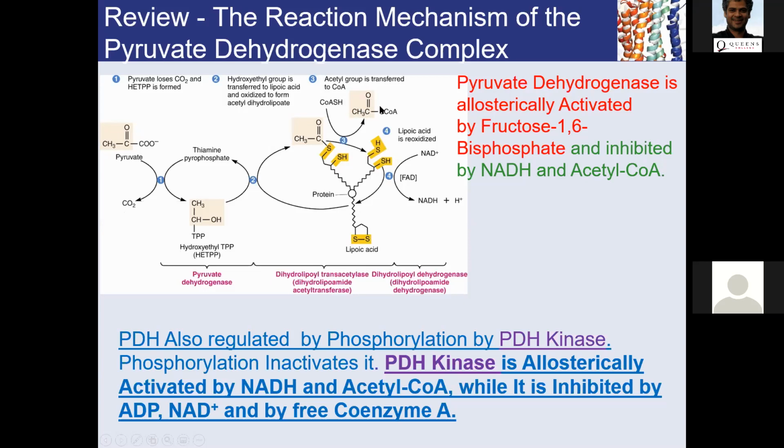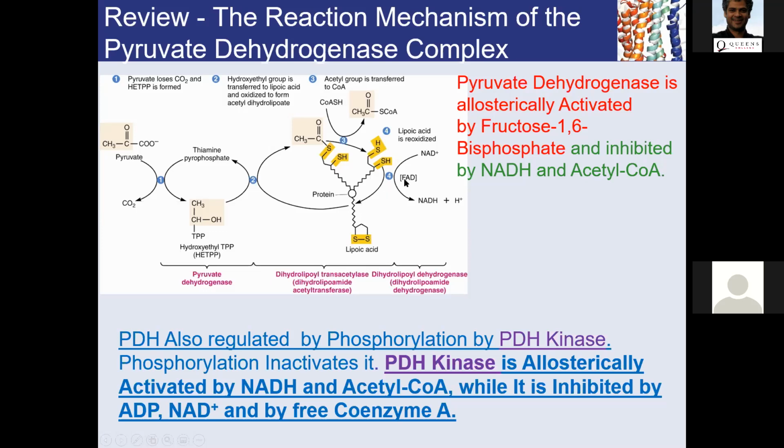The fourth reaction that happens in the third enzyme, which will be E3, dihydrolipoyl dehydrogenase, is that it will take FAD and the reduced form of dihydrolipoate and convert that back to the oxidized form of lipoic acid. Okay.